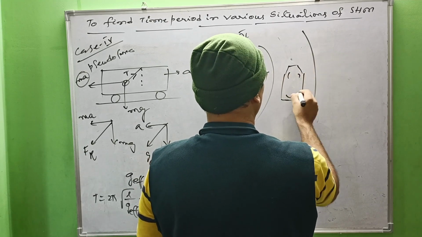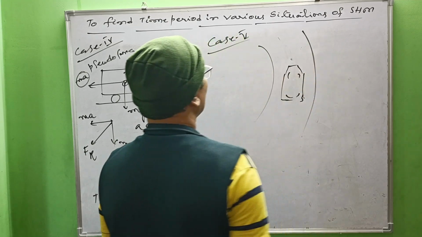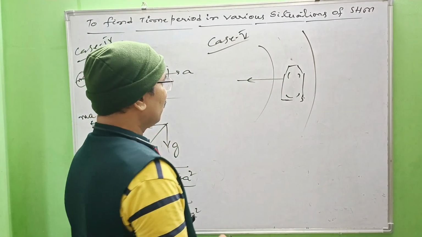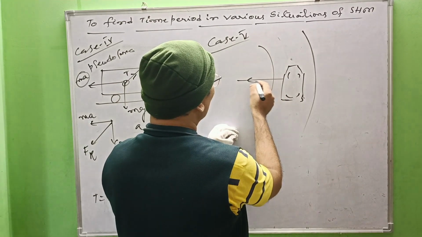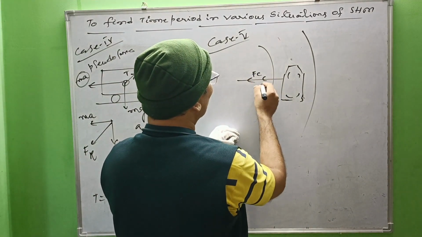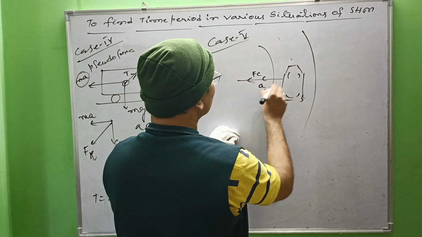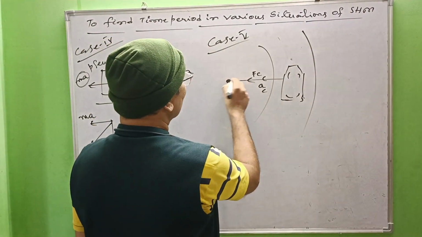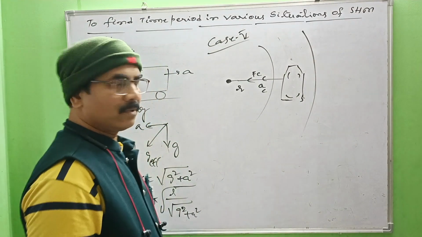Right, this is a top view of the car. Now it is subjected to centripetal force, implies that it is acted upon by Fc. Correspondingly, it possesses some centripetal acceleration. Now what is the radius of the circular track here? Let it be R.